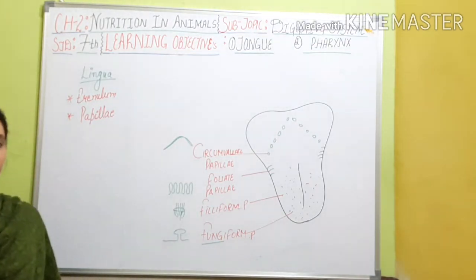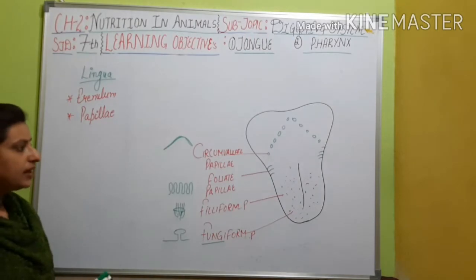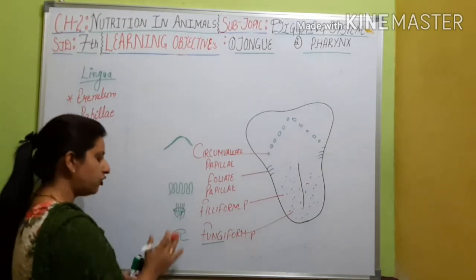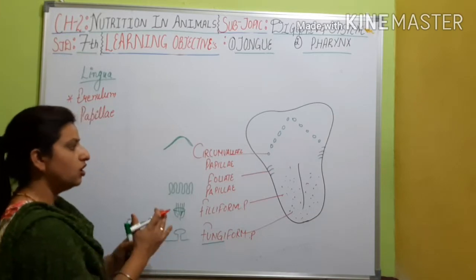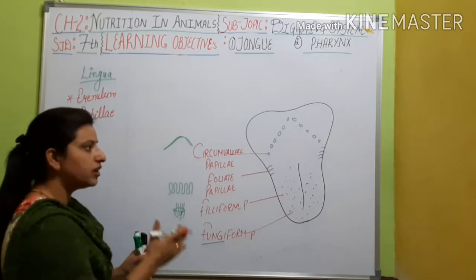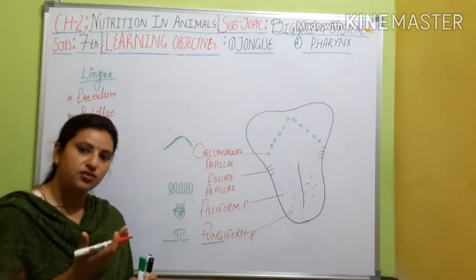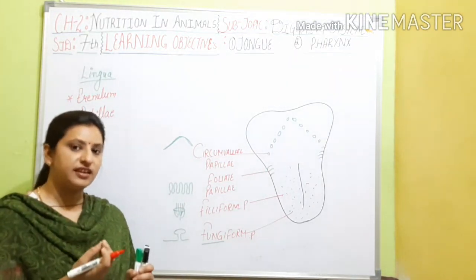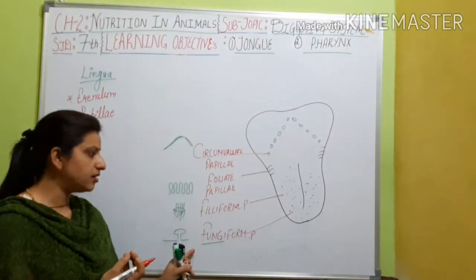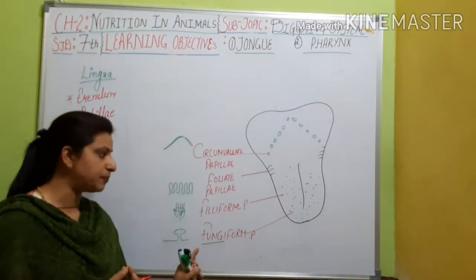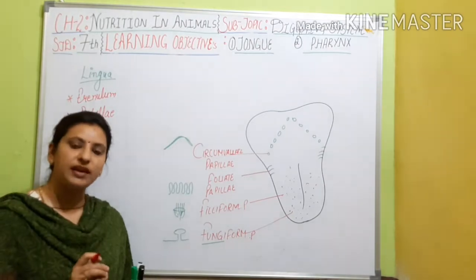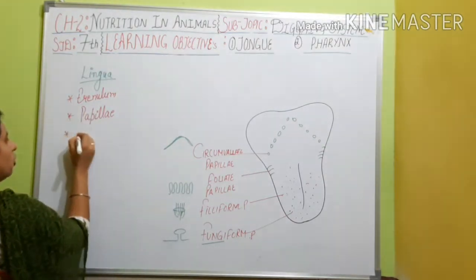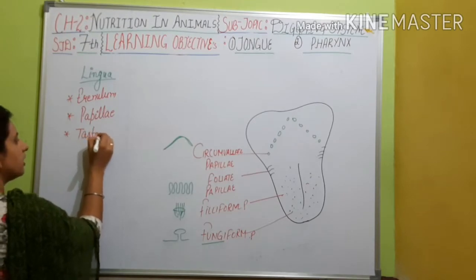If we go for a single papillae, any kind of papillae you can take, the main function of the tongue is to taste the food, to tell us what kind of taste the food we are eating has. It is identified with the help of these papillae, because each papillae has got taste buds on it.